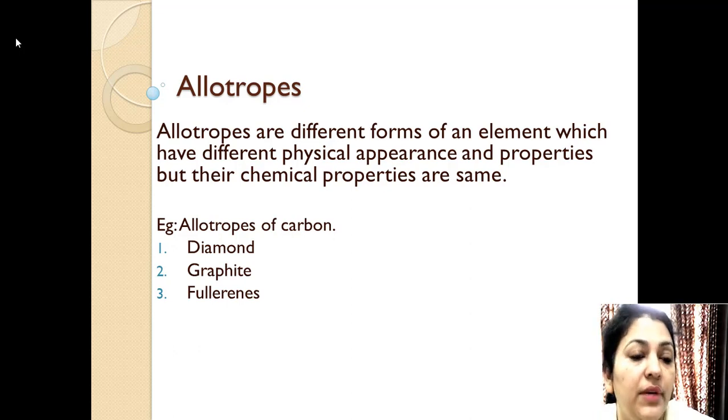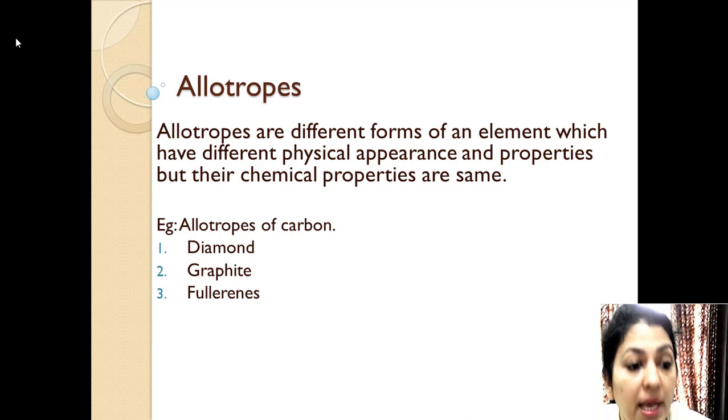The ability of an element to exist in various forms is called allotropy, and those forms are called allotropes. Hope you understood. Some elements show allotropy, like phosphorus, sulfur, carbon, oxygen, etc. They have allotropes. Now today in this class we are going to discuss only the allotropes of carbon.